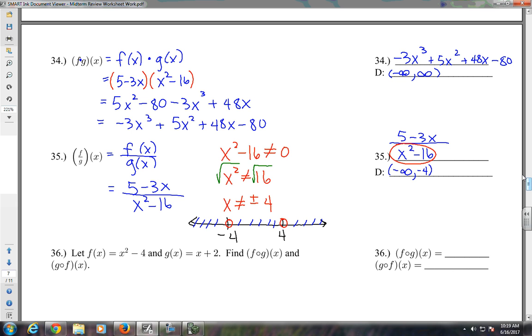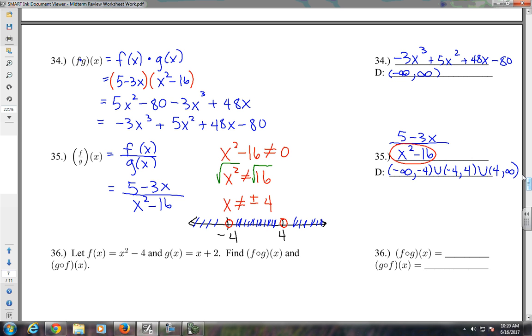So then we're going to jump over negative 4 and start just to the right of negative 4 and go to 4. So that describes this middle region right here, negative 4 to 4. By the way, the U means union. I'm simply uniting these three intervals to describe the domain. The rightmost interval here goes from 4 to infinity.